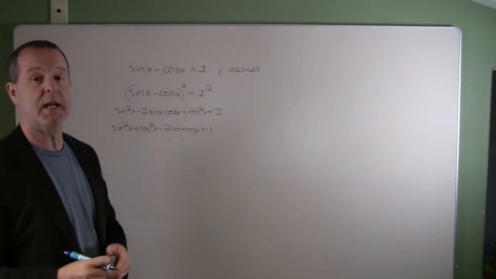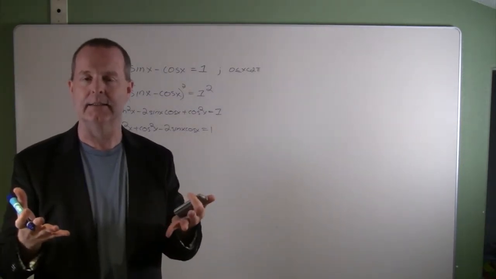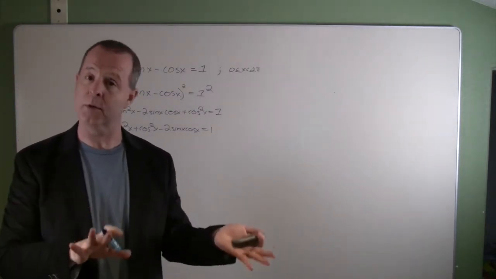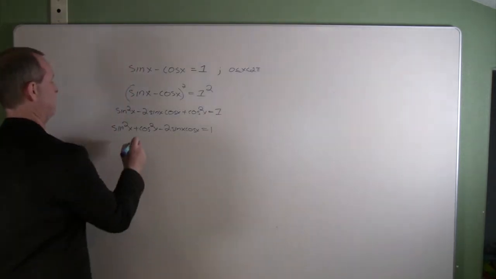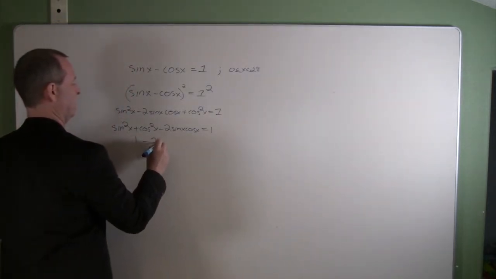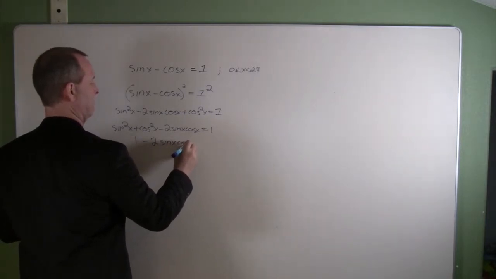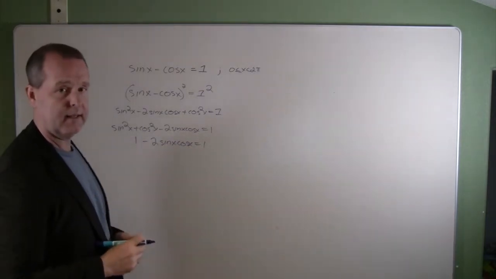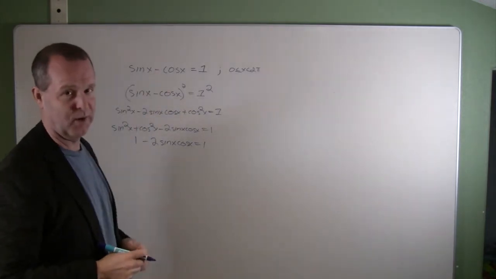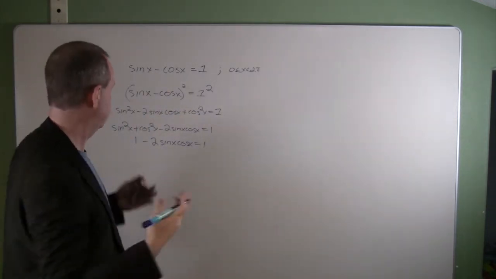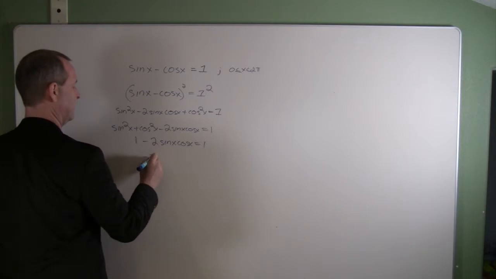Sine squared of x plus cosine squared of x. Aha! If I remember, that equals a 1. All right, still doesn't look like it's much better than what we started with. That certainly looks better. Let's subtract 1 from both sides.